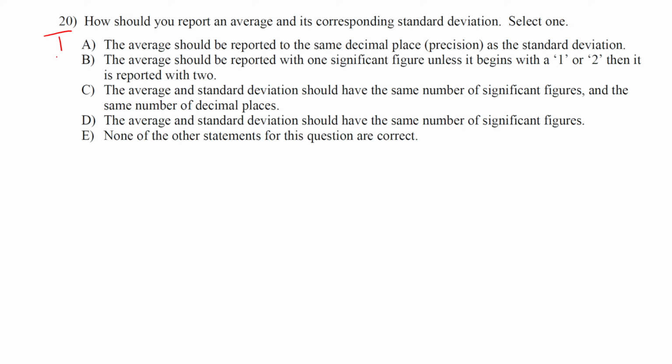It's not the average that's doing that, it's the error that's supposed to be doing that, the standard deviation. The average and standard deviation should have the same number of significant figures, and the same number of decimal places. While you may be able to argue the same decimal places, it shouldn't always have the same number of sig figs. That doesn't happen. Absolutely not. None of the other statements for this are correct. That is false also because A is correct.